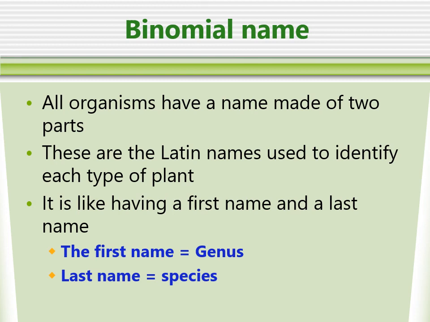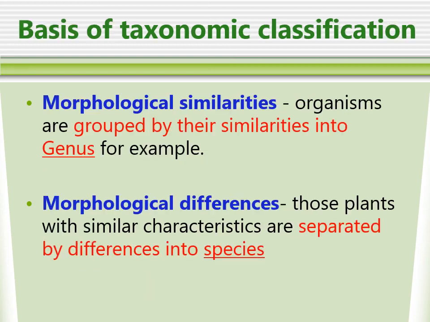So to summarize, lucky for you, shorter lesson today. All organisms are essentially made of two-part names, right? So we call that a binomial. So bi meaning two, nomial name, of genus and species. And we typically group them by morphological similarities into the genus.